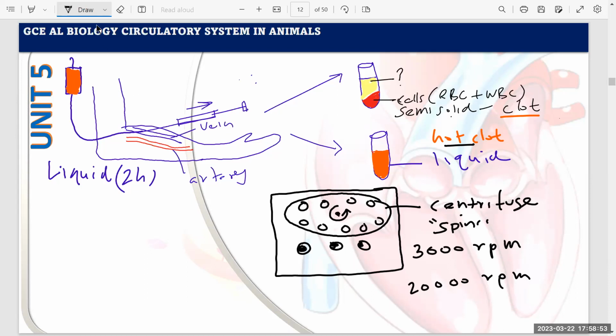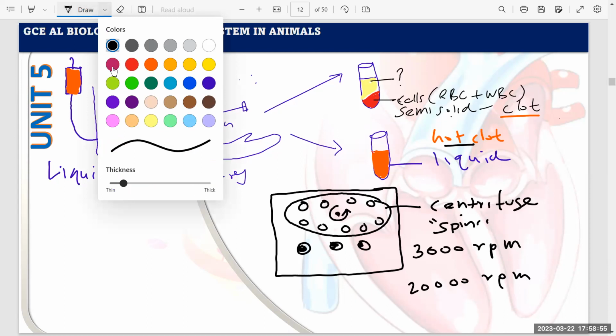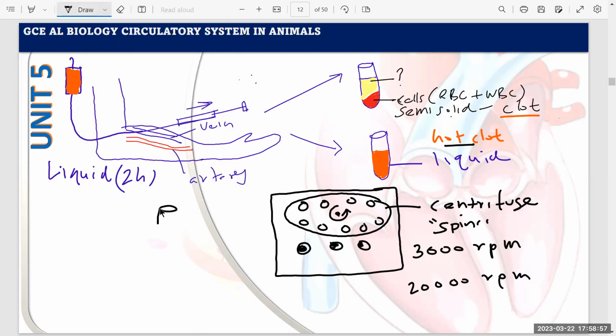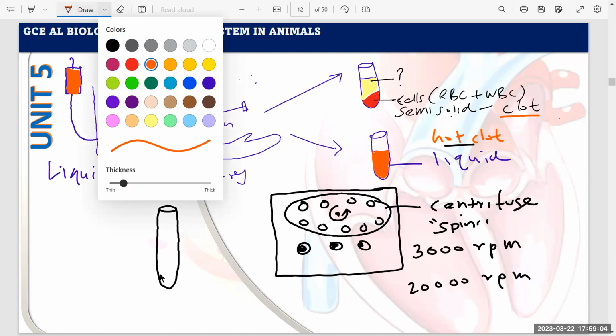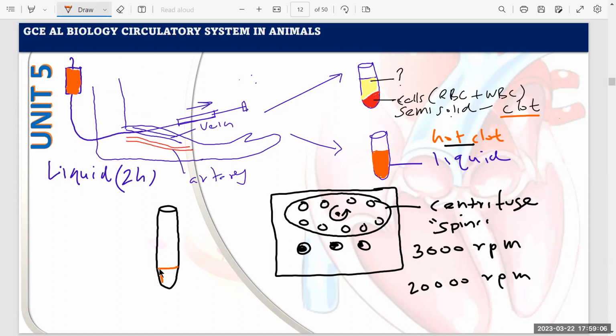Now, if you do this, we can see this kind of picture. After that, what we observe is a red color area, something like this. And there's a white color area in the middle, which is very thin.